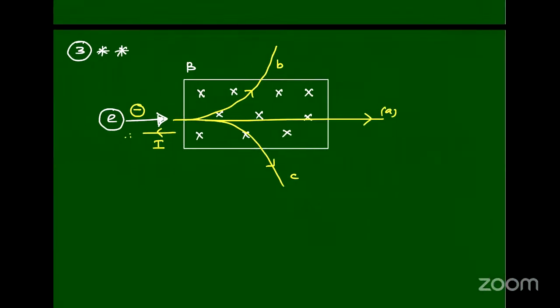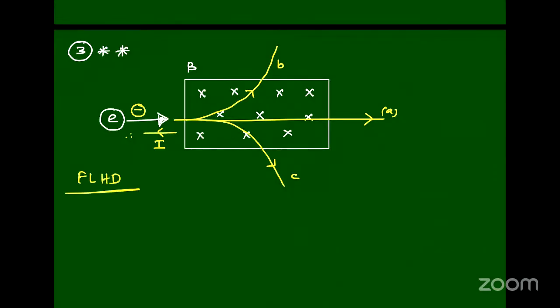So again, use Fleming's left hand rule, right? Current in this direction means you need to place the middle finger in this direction. The magnetic field is going away from you, which means the index finger is pointing away from you, towards the table.